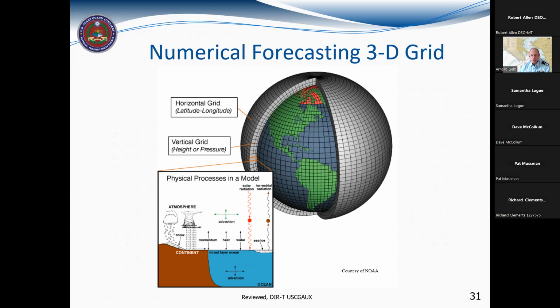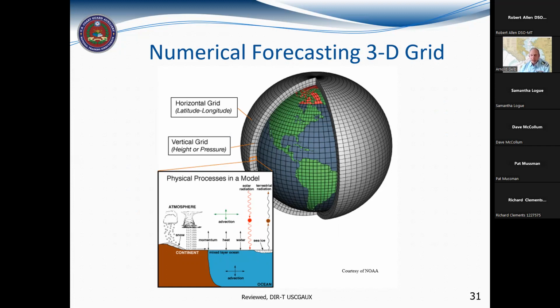So this shows the grid, and it's sort of like a shell over the surface of the Earth. And there is a horizontal grid that's superimposed based on latitude and longitude, so for your X and Y, and then there's a Z or vertical grid for height or pressure equivalent in terms of millibars.